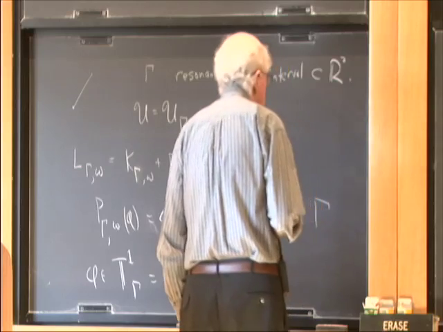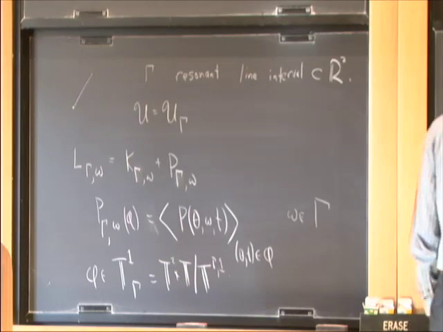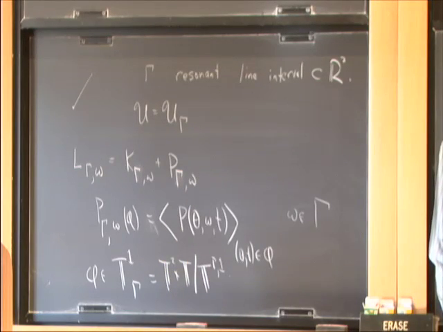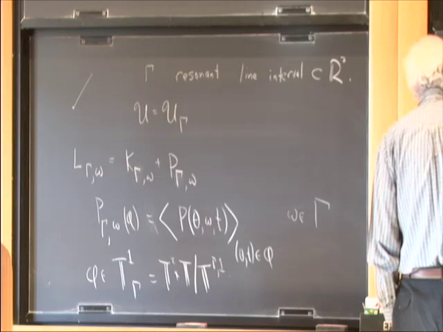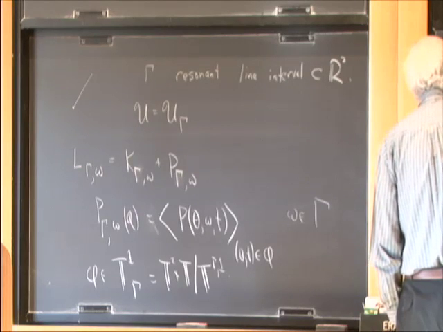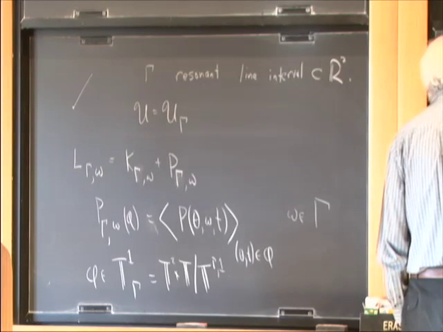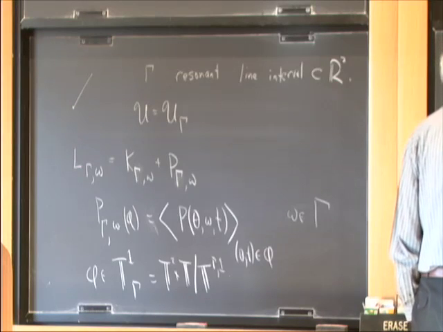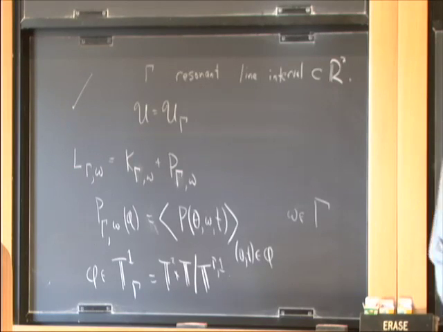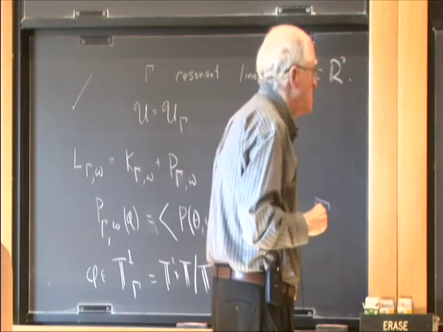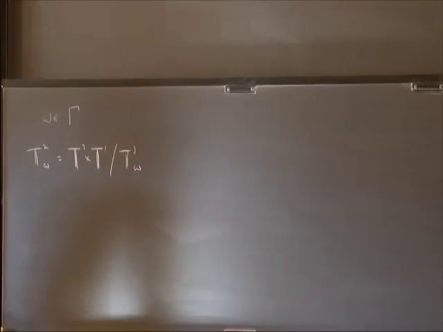For such a thing, we have T2 omega, which is also a quotient, T2 cross T1 divided by T1 omega. And so I defined those last time. I won't repeat it.